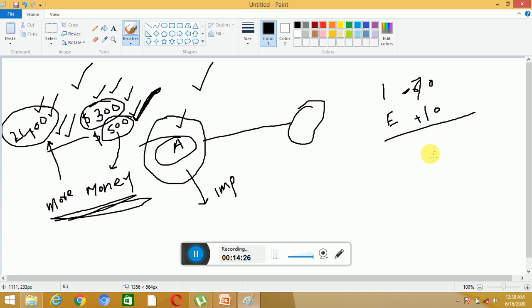So my deficit is how much? Previously it was 60 minus 10, so it was 50. But now my imports increase, so because of the increase in imports, my current account goes into a further deficit of $10 billion.